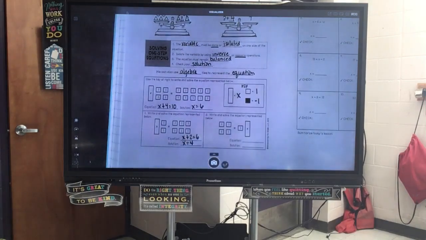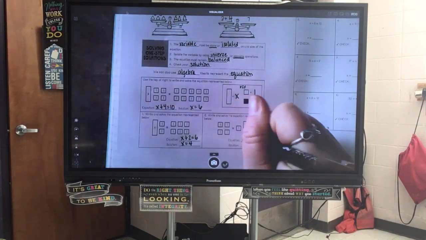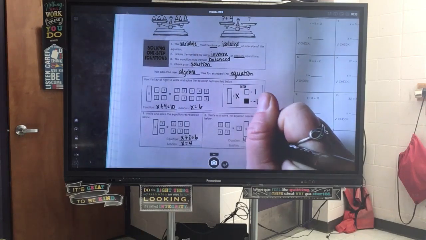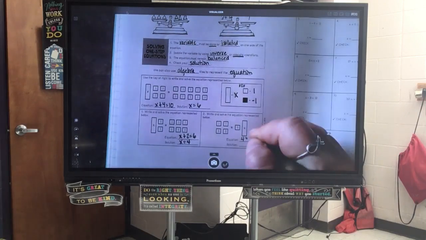Alright, and then number 2, it says write and solve the equation represented below. Okay, so this one is a little bit different, so be careful. Alright, Ada, what do you think? 4 equals 1, not one x, because we're just adding or subtracting. So if we did one x, that would be multiplying, right? 1 plus x.